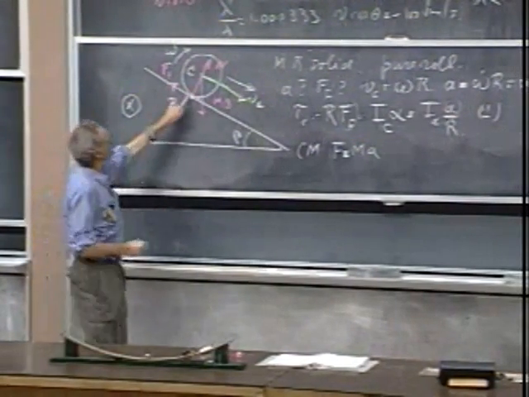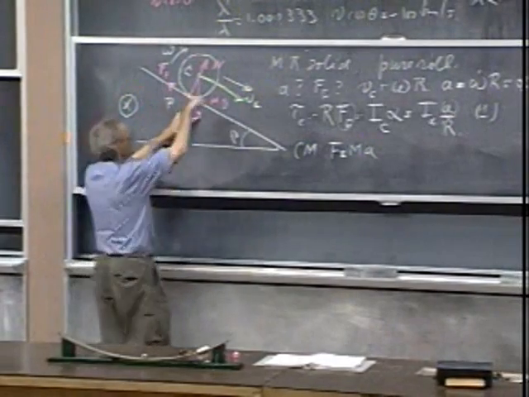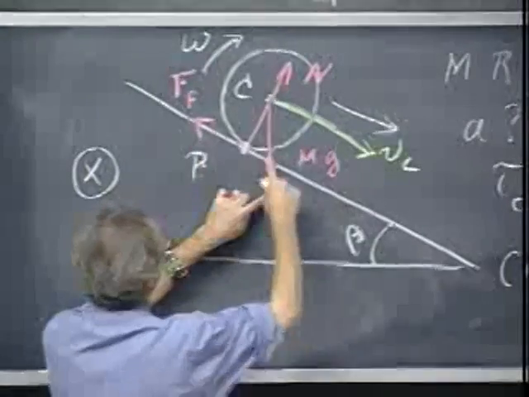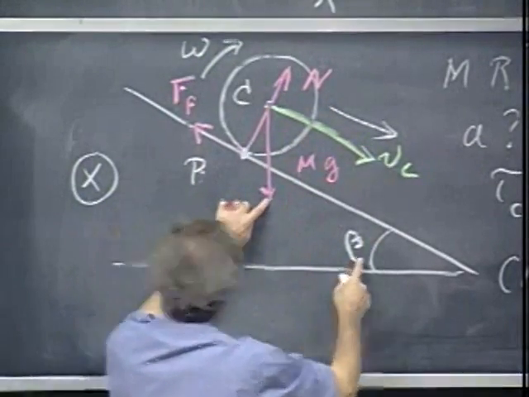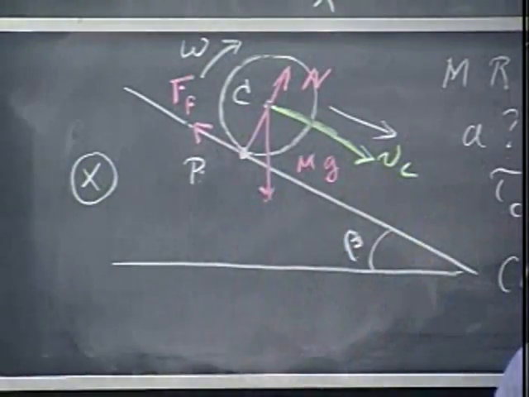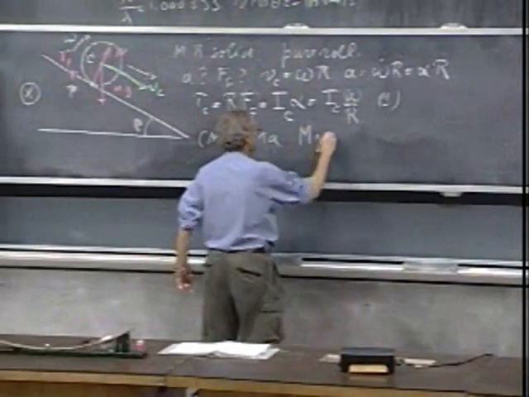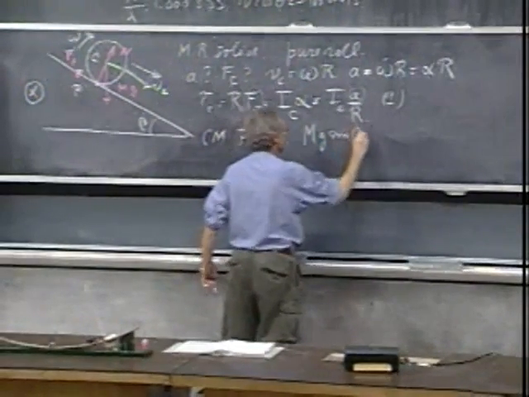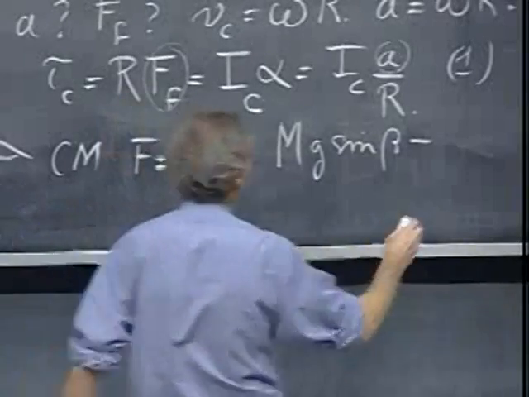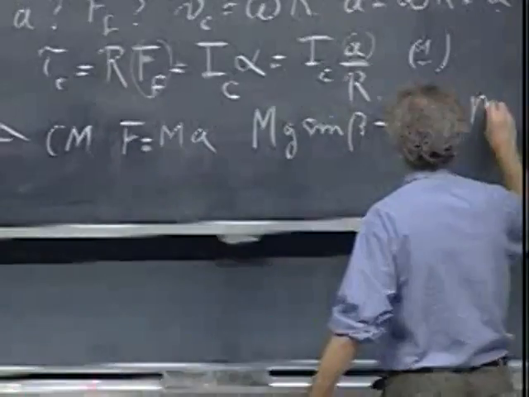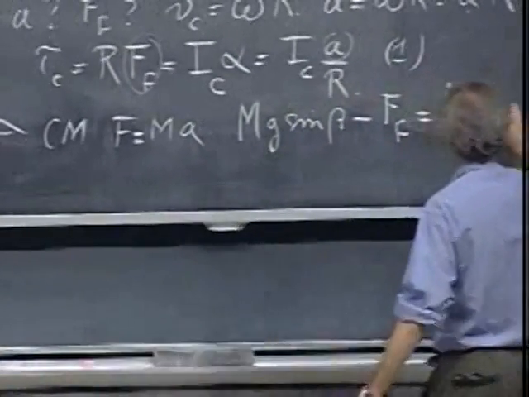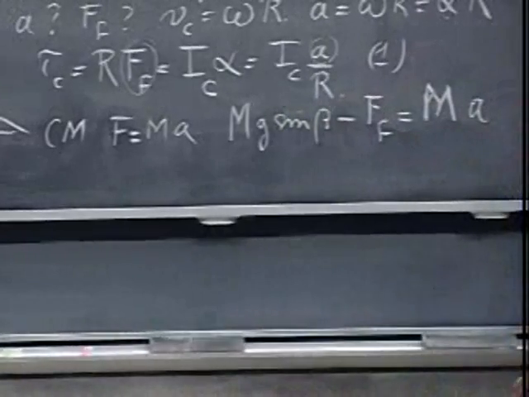Well, the frictional force is uphill, and the only one that is downhill is the component of mg along the slope, which is mg sine beta. I call that the plus direction, so I get mg sine beta minus that frictional force equals m times A.